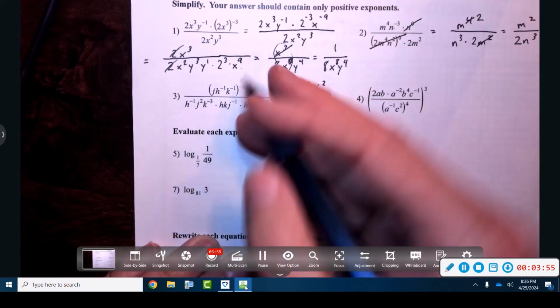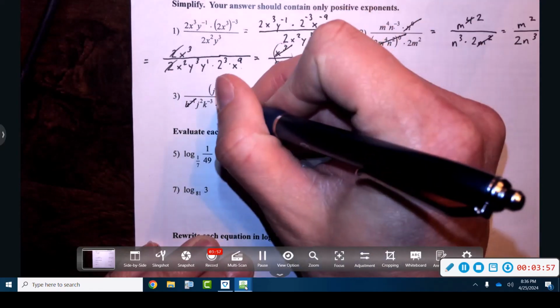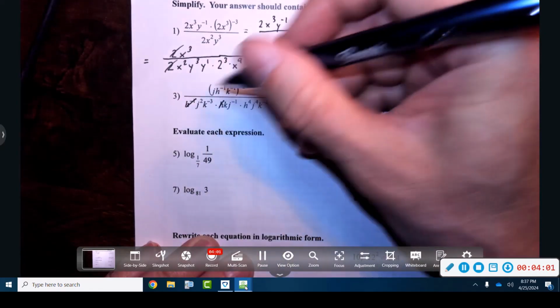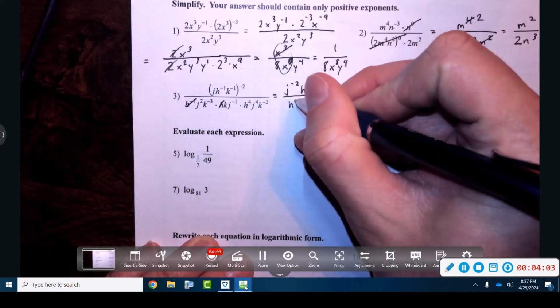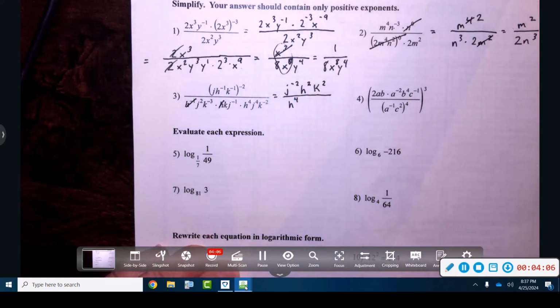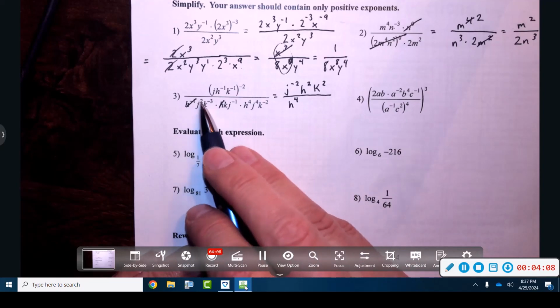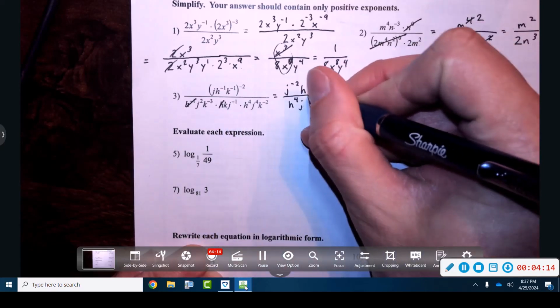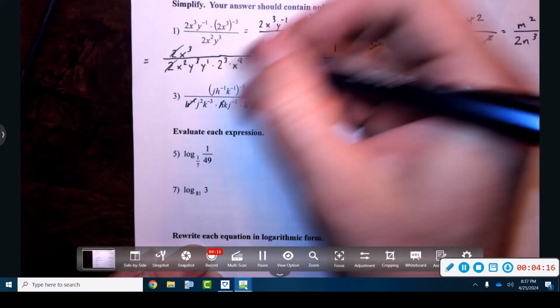It looks like h to the negative 1 and h to the 1st power actually nullify themselves. So it looks like I actually have 4 h's in the denominator. J, that's positive 2, negative 1, so that becomes a net of positive 1. Positive 1 plus this is j to the 5th. Okay, we took care of that.